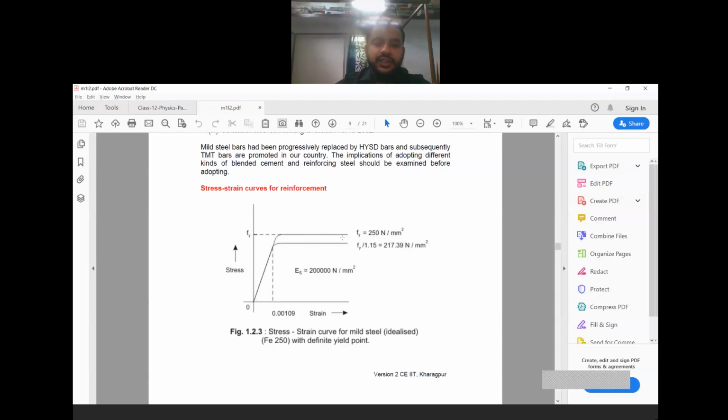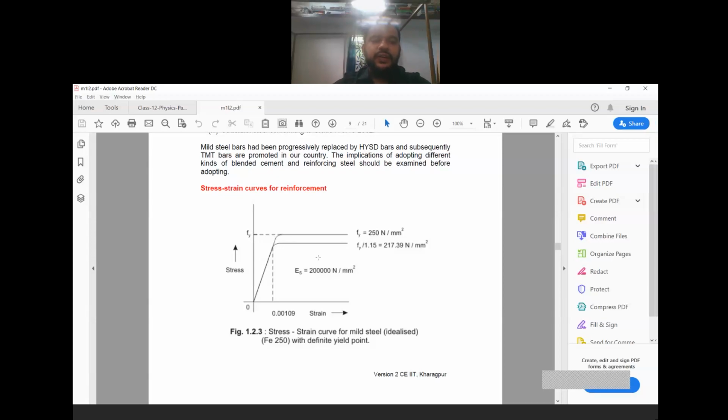At this point, whatever strain there is will be known as the yield strain. Beyond this point, whatever deformation occurs will be permanent. The stress you get along the y-axis for this point is known as your yield stress.